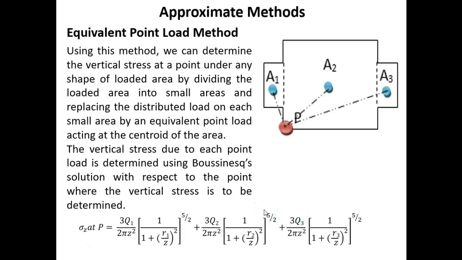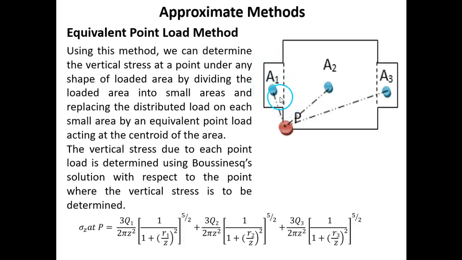The next method is the equivalent point load method. In this method, if there is any irregular shape like this, then we have to divide this irregular shape into some regular shapes. Then we have to find the equivalent point load of each shape.